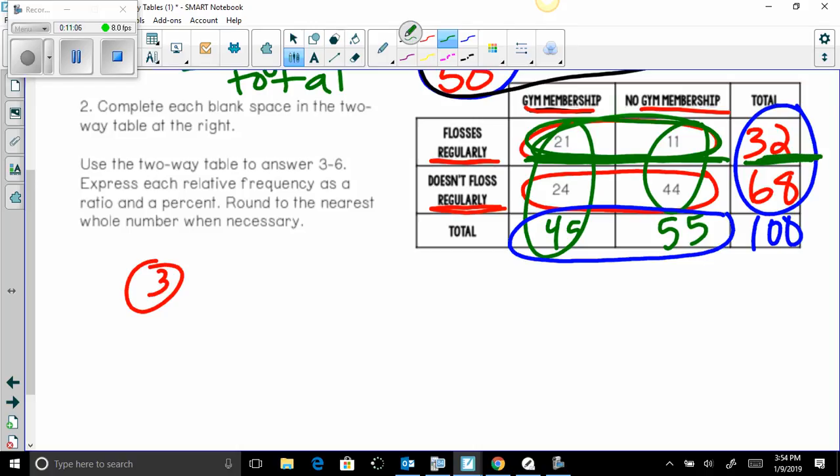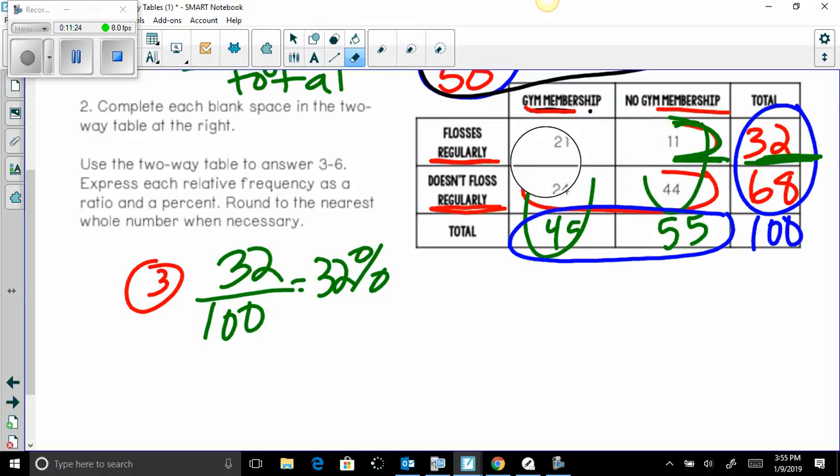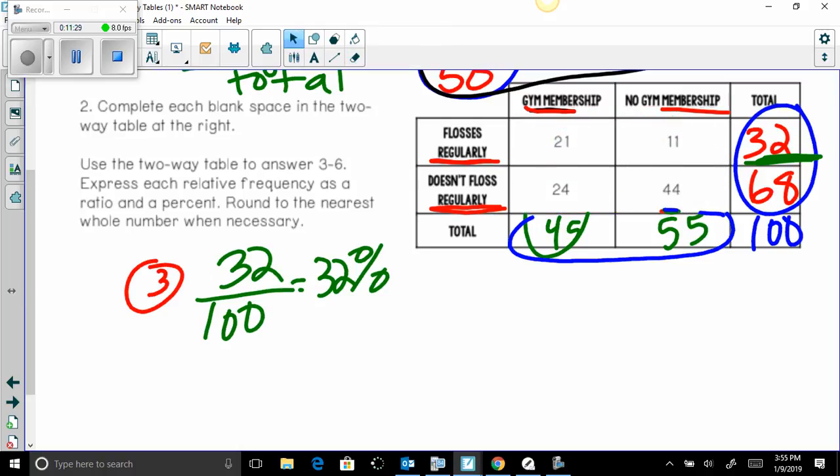A total of 32. 32 over the total amount of people who were surveyed, which is 100. What is that as a percent? Isn't a percent out of 100? Well, if 32 is over 100, then it's going to be 32%. Let's go ahead and erase some of these lines.